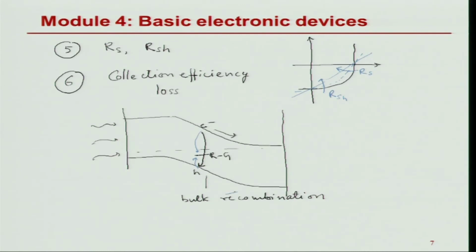This bulk recombination can happen here and can also happen here. It is because of the bulk traps or bulk recombination processes, and whatever the rate of recombination, you will lose that much current in the outer circuit. In addition to that, you may have recombination at the contacts or at the surfaces.